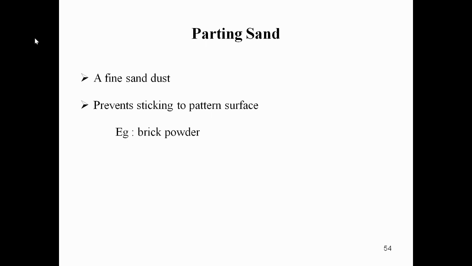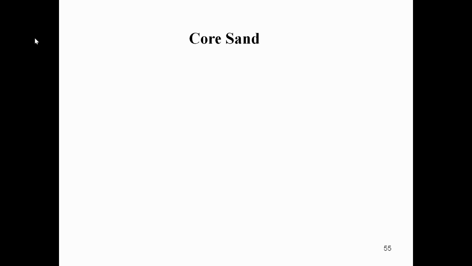Next one will be the parting sand. This parting sand is a fine sand dust. It prevents sticking to the pattern surface. It doesn't have any wet sand. For example, brick powder. Last one will be the core sand.